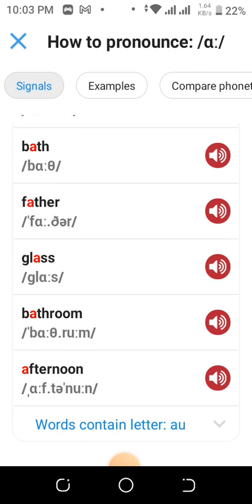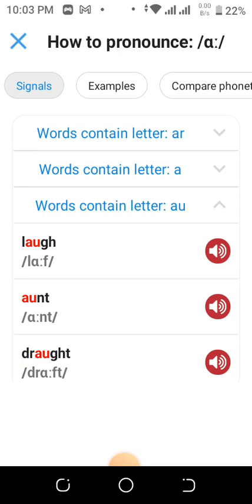What are the other letters that produce this sound? Here we have another combination, the letters A and U. They also produce the long A sound. Just like laugh.